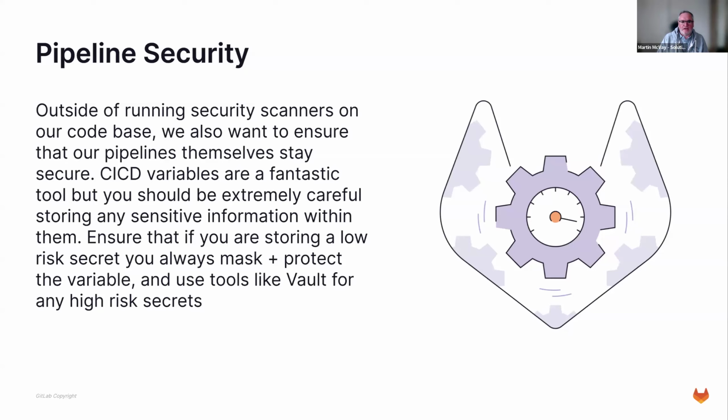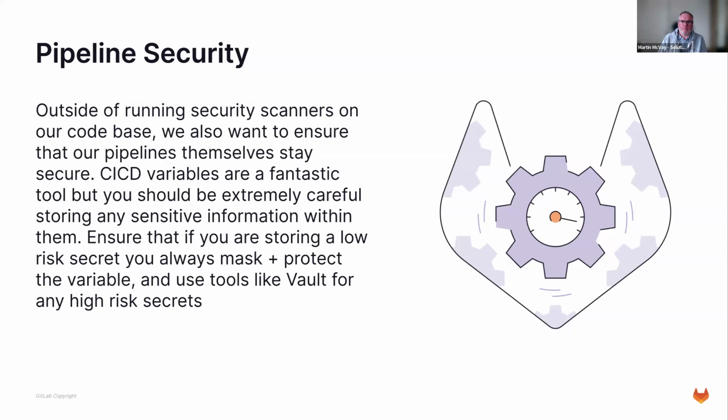It's quite easy to do this with CI/CD variables, but we have to be careful with them because it's possible to store sensitive information which could end up in locations where you don't want it to be. So if we're storing low-risk secrets, we can mask them and protect the variables.